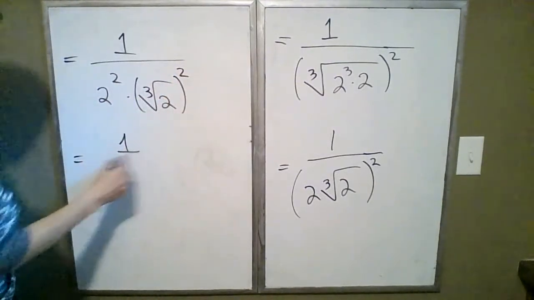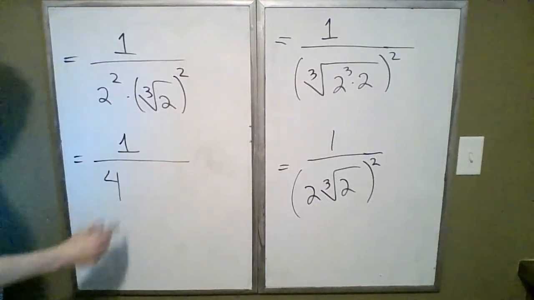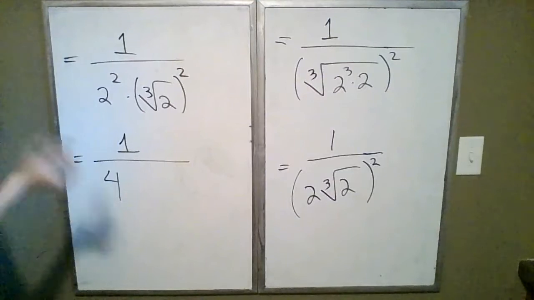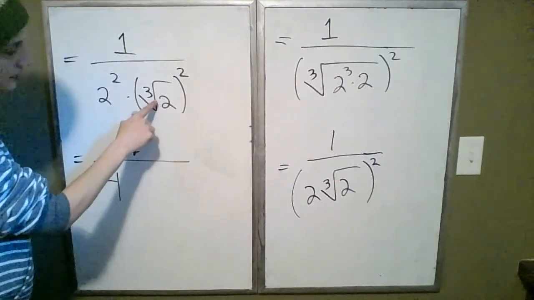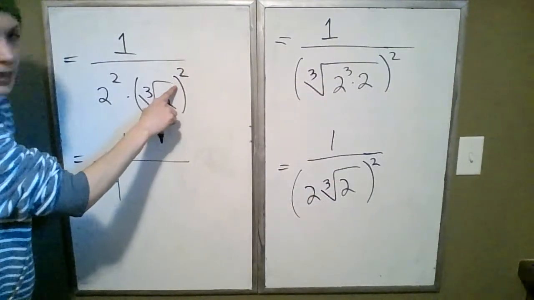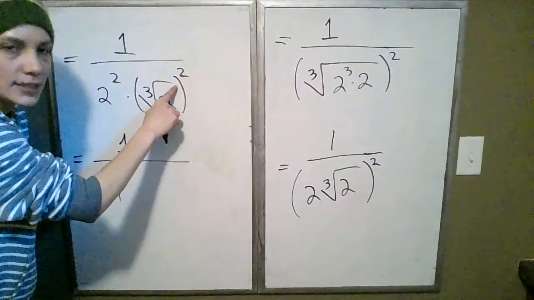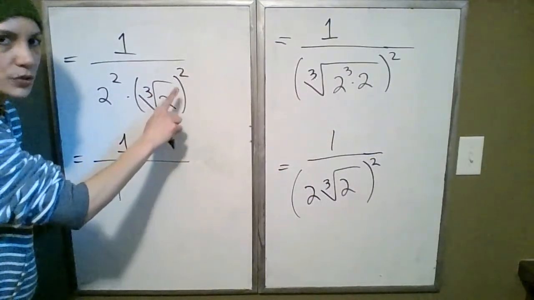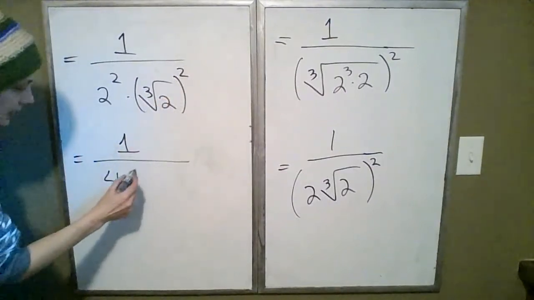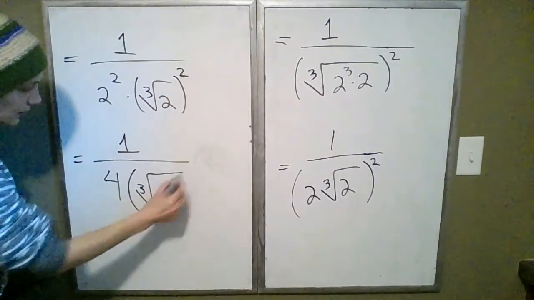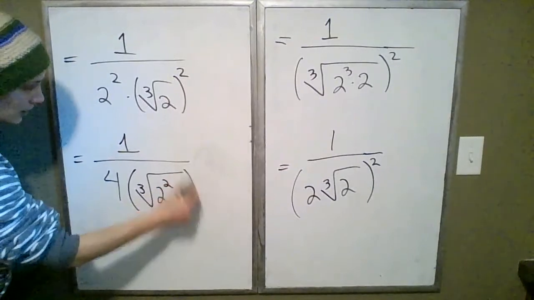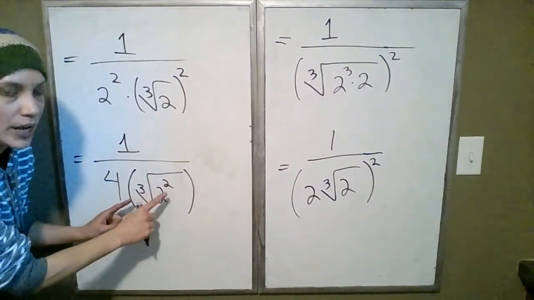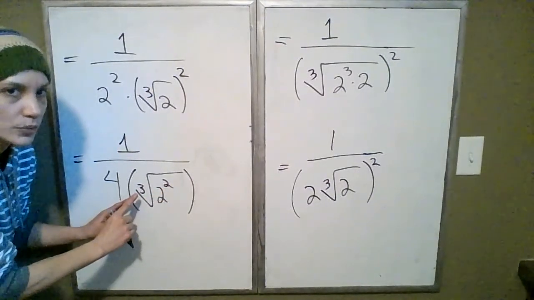So I've got a 1 over a 4 in this piece here. Well, I guess what I'm going to do is I could write it under the root. So it's a cubed root of 2 squared instead. Then I can see that that power is less than the root.